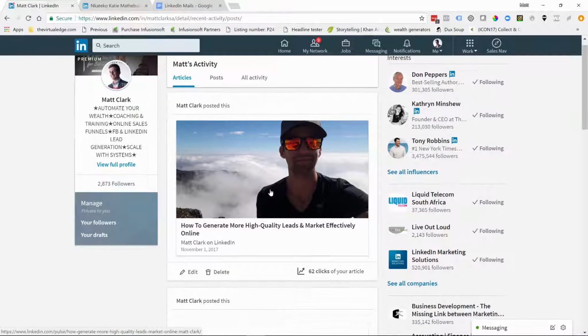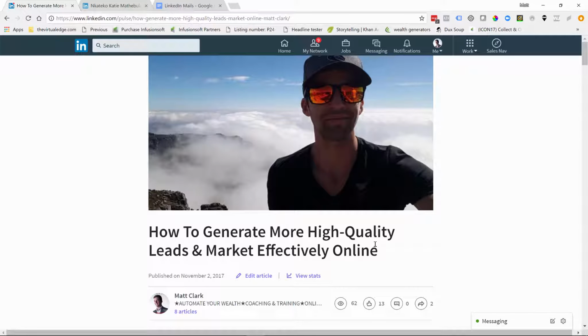So you go into it and you click on share this article with your network. Okay, so I can't do this here because obviously I've done it already.